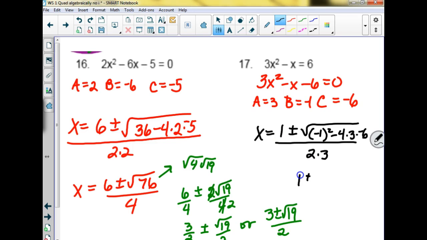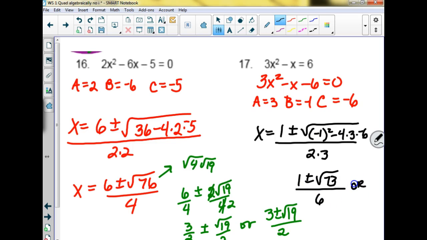So we'd have 1 plus or minus the square root of, let's see, 6 times 3 is 18, times 4 is 72. It's going to be positive, and this one I think is square root of 73 all over 6.